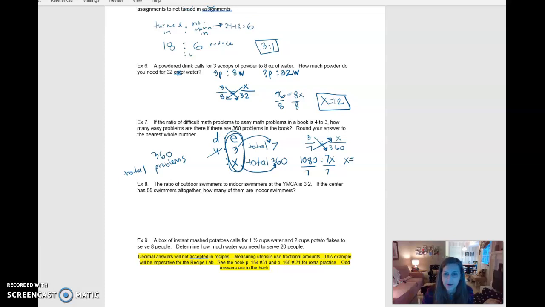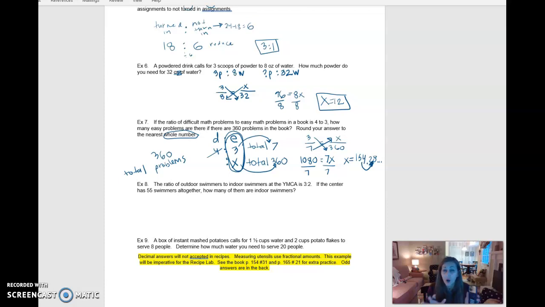This is a good time to talk about rounding right quick. I'm getting 154.28, and then it would keep going on and on. Now, it said round to the nearest whole number, so we don't want any fractions. So we look at this 2, the digit after the 4.